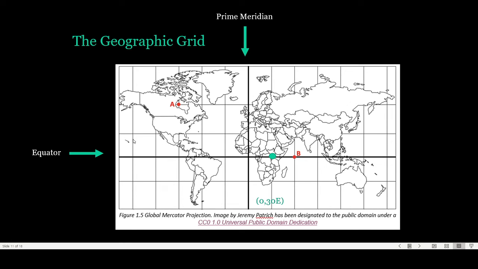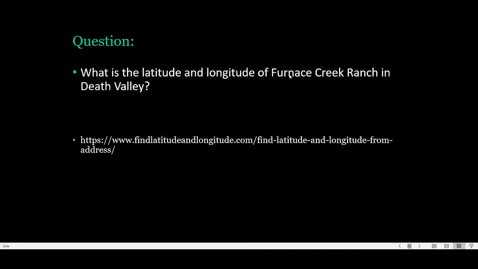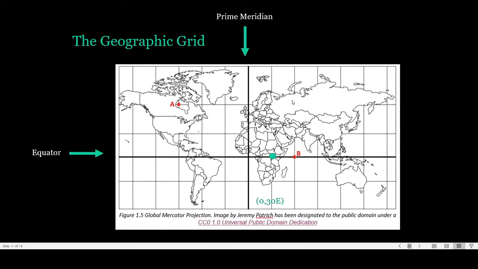And the increments would be 30 degrees for the latitude and longitude. So this line would be 30 degrees north, this line would be 30 degrees south, 60 degrees north, and then again the same for the longitude lines, which we know extend in this direction. This is 30 degrees east, 60 degrees east, and again here 30 degrees west, 60 degrees west.